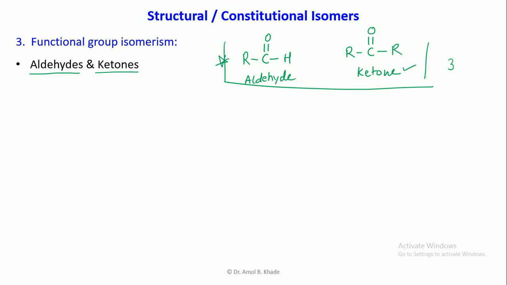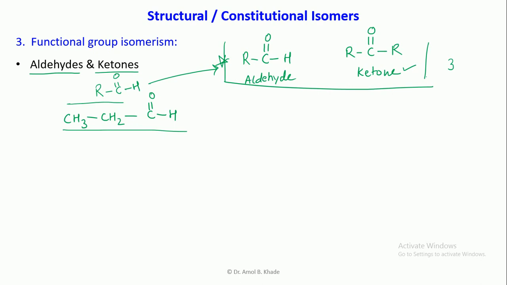For example, now I will draw the structure here. Let's say CH3 dash CH2 dash C double bond O H. Can you tell me whether it is aldehyde or ketone? This is aldehyde. This group we can consider as R, then there is a dash, then a double bond, and then there is an H. So it resembles this, that means this is an aldehyde.